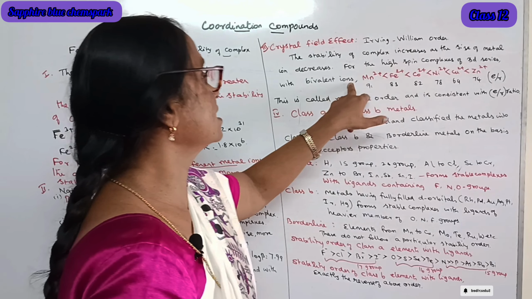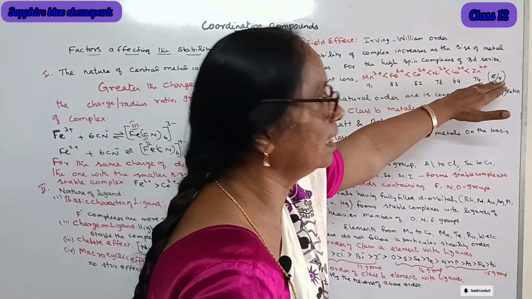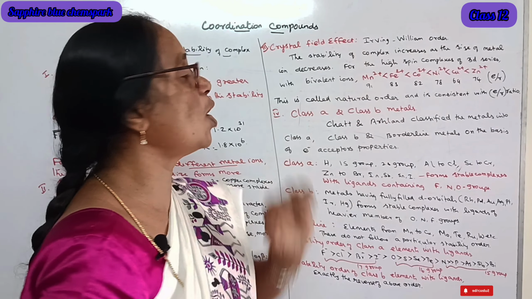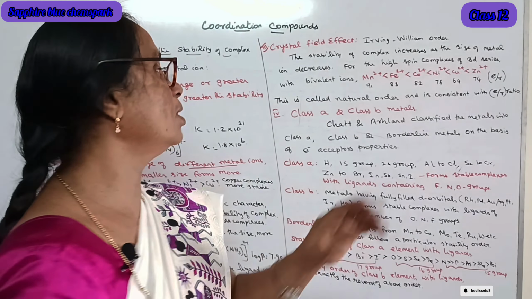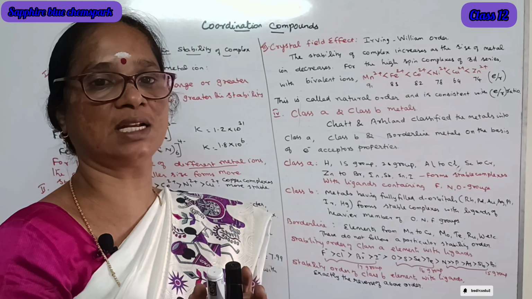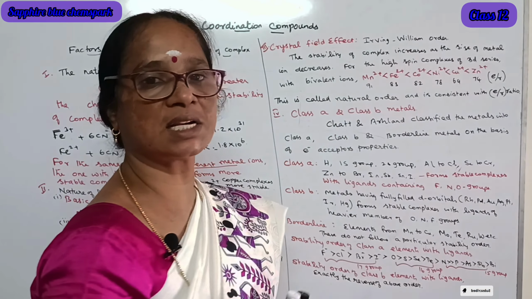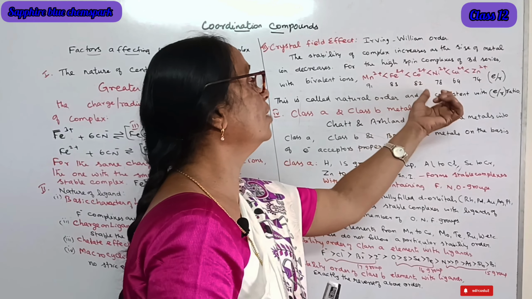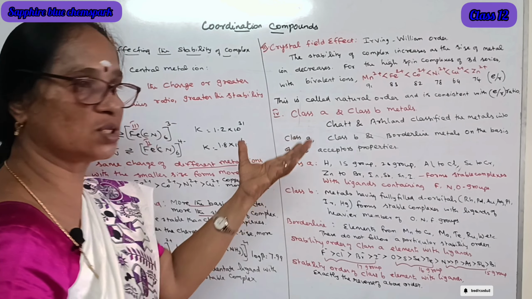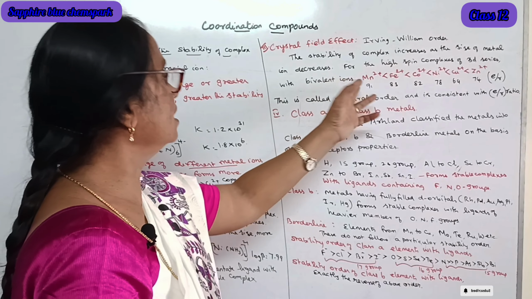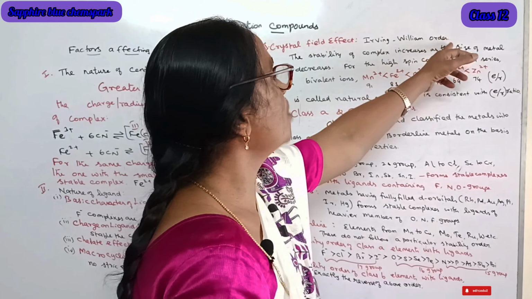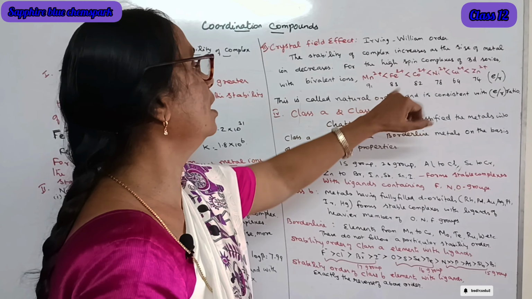We may find the size of the metal ion goes on decreasing, and hence the complex of zinc will be more stable than the complex of manganese. Also, the charge to radius ratio of these metal ions is found to be consistent, that means there is not much variation in their value. So, as they have a similar charge to radius ratio, the stability of the complex is also more. This Irving-Williams order is also known as the natural order.